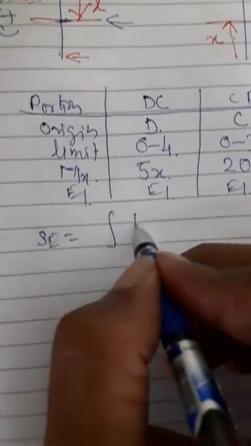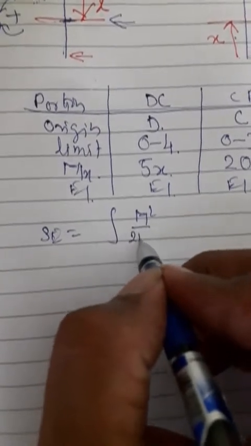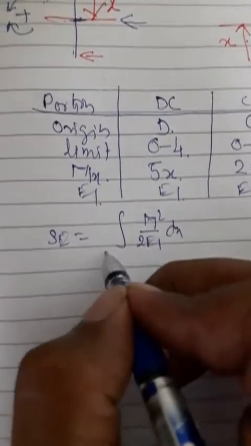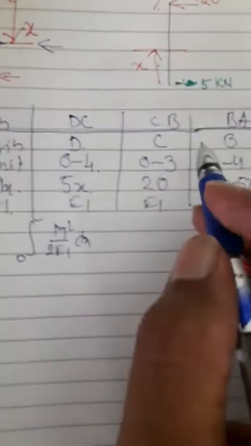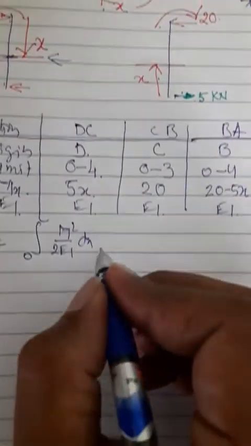So I will write the strain energy equation. Strain energy is equal to integration of M square by 2 EI dx, 0 to L. I am going to write for each of these sections and add them together.